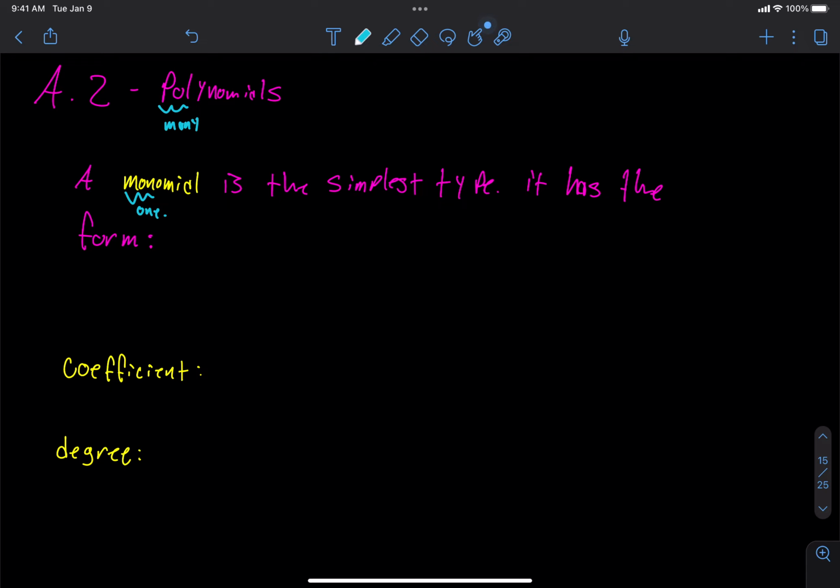So a monomial is the simplest type of polynomial, and it has the form a x to the n, where a is a real number, but not 0. I'm going to show a little bit of crazy set notation here. Anybody remember what this symbol means?